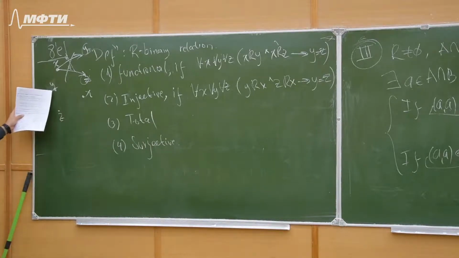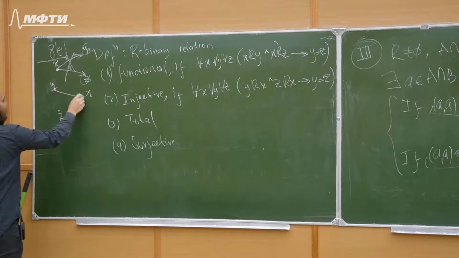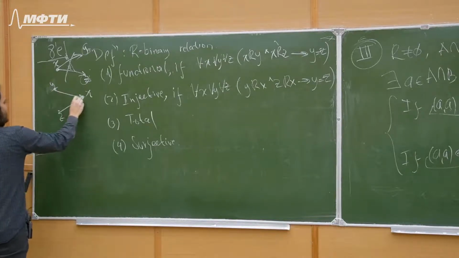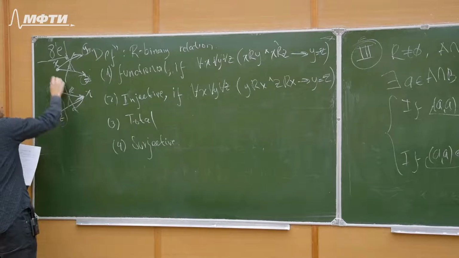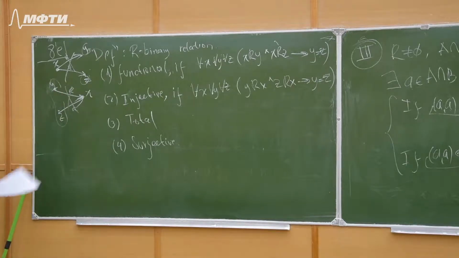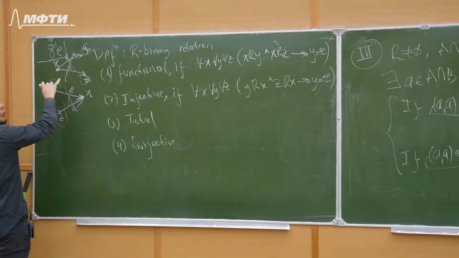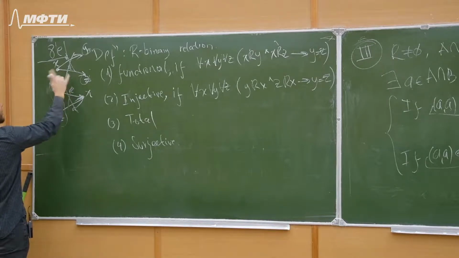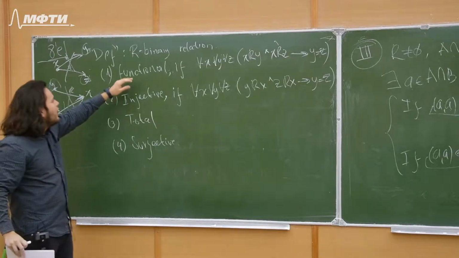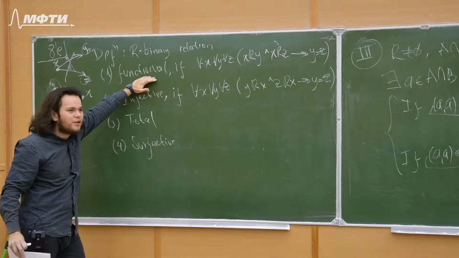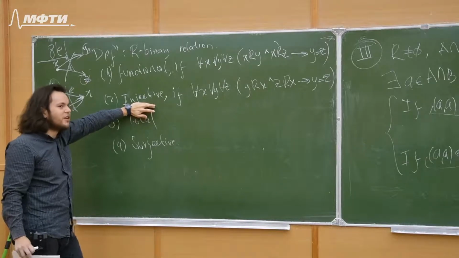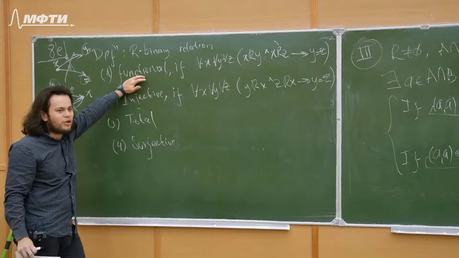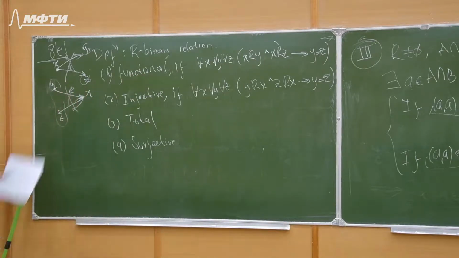We have y R x and z R x. If this is injective, then this is not possible because y and z should be equal. So all we have to do here is change the domain with the range. It means that if R is functional, then R minus 1 is injective, right? And if R is injective, then R minus 1 is functional. You should have proved that or something. But this is quite clear.